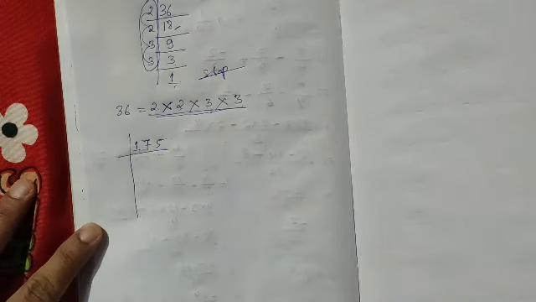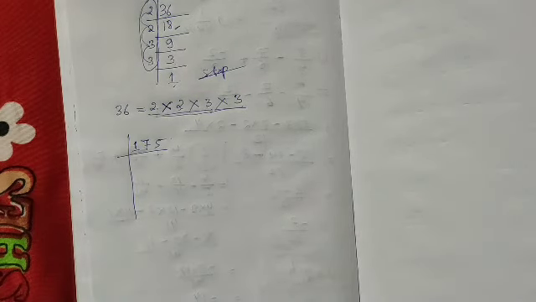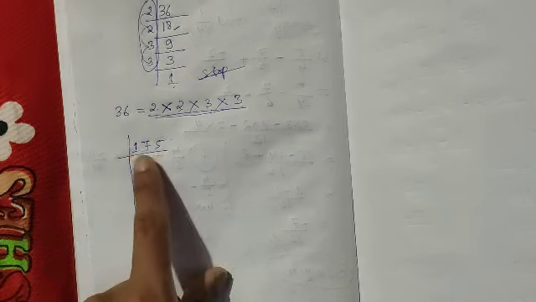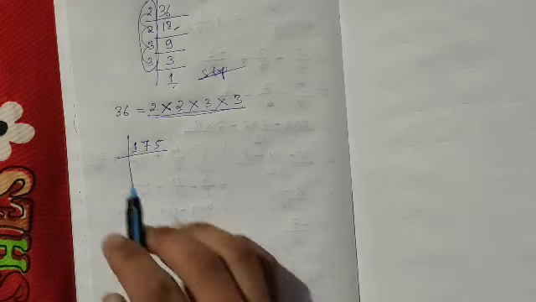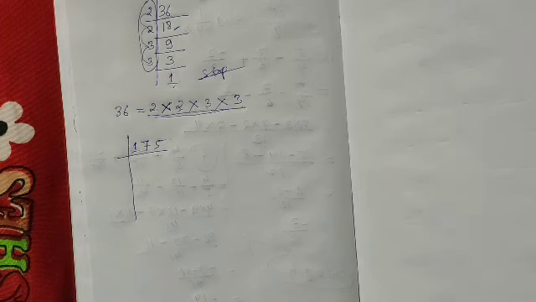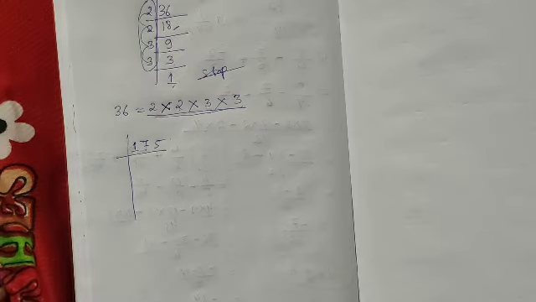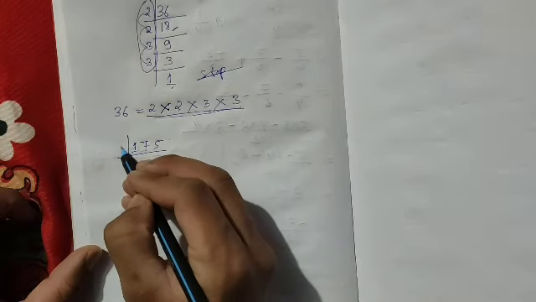You will see whether it is divisible by 2 or not. If you see, it is not divisible by 2. Next, is it divisible by 3? It is not divisible by 3 also. So it will be divisible by 5, isn't it? So 5.